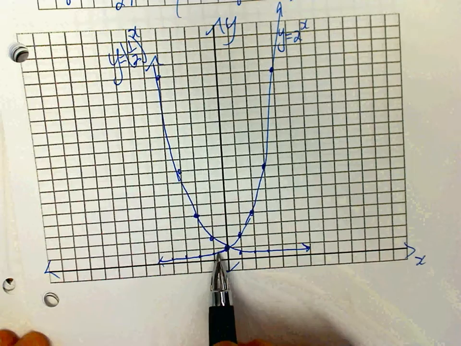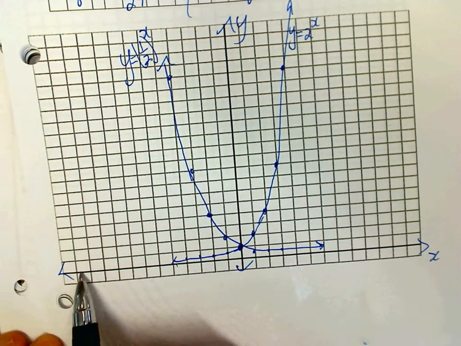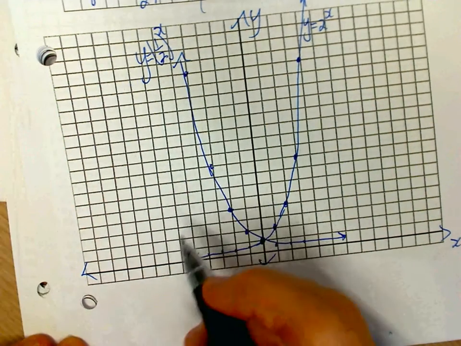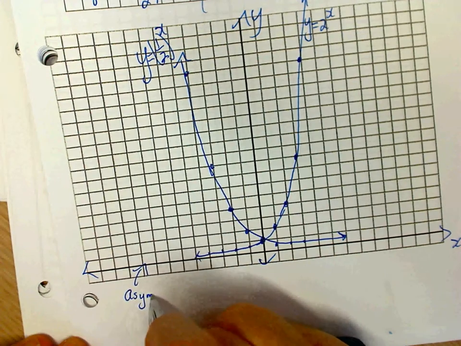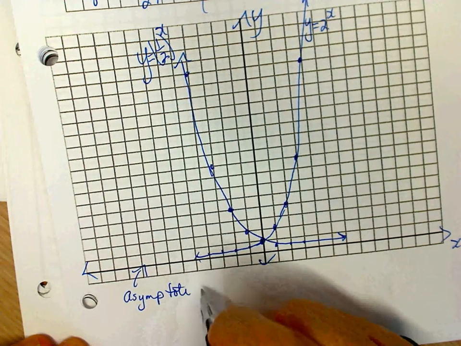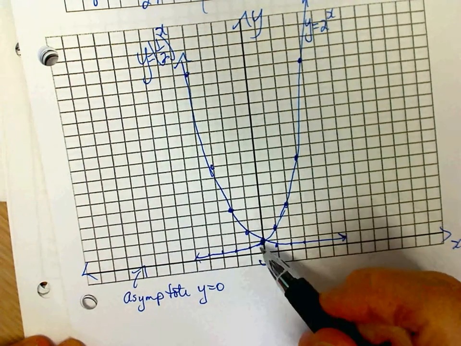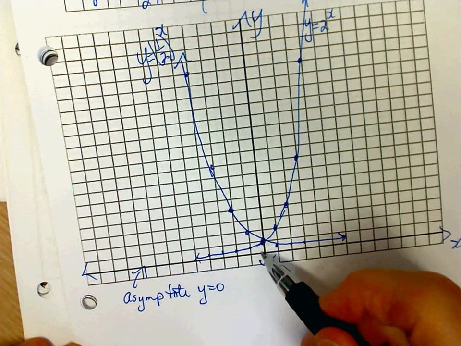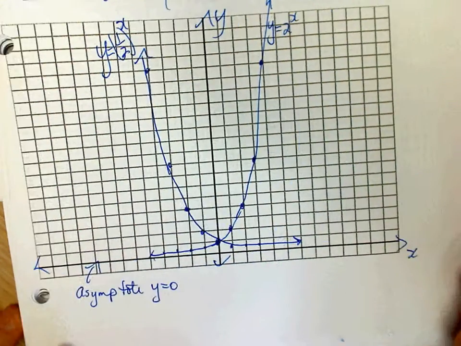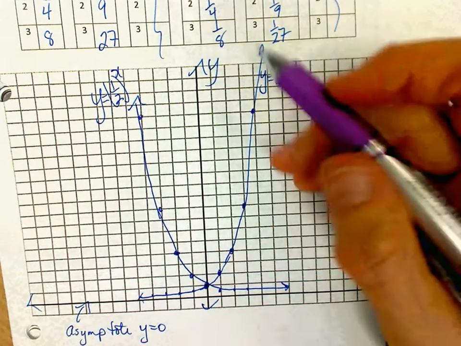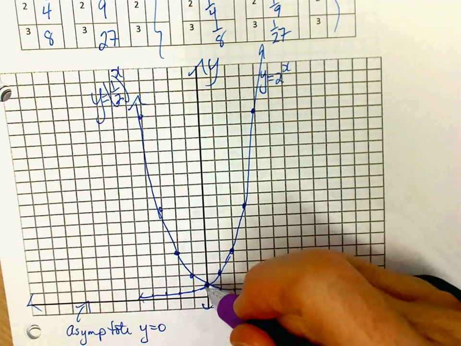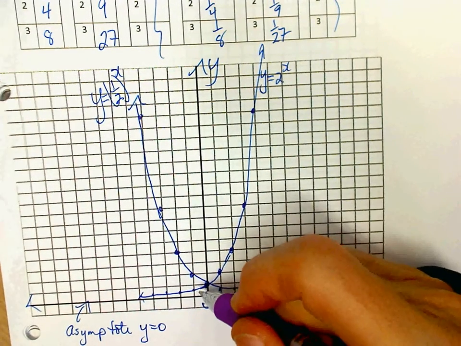Will this graph ever cross the x-axis? So we have an asymptote. And notice it always goes through the point 0, 1. Let's do the 3 now. Okay, when x is 0, y is 1.